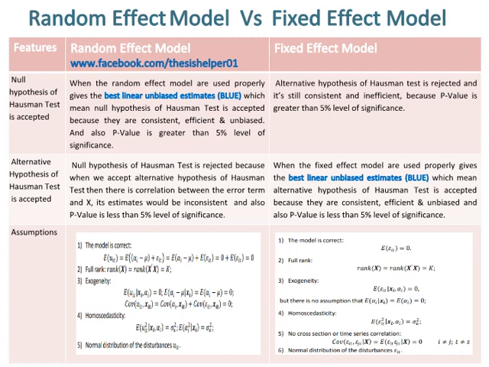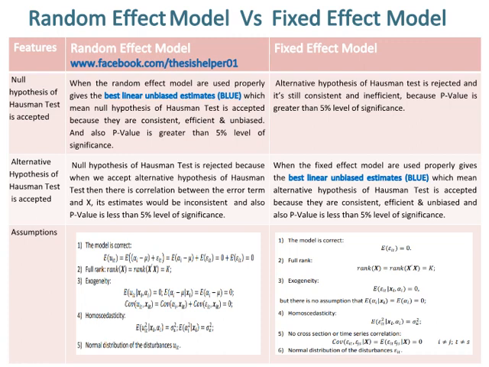Whereas, when the fixed effect model is used properly, it gives the best linear unbiased estimates, BLUE, which means alternative hypothesis of Hausman test is accepted because they are consistent, efficient and unbiased, and also p-value is less than 5% level of significance.